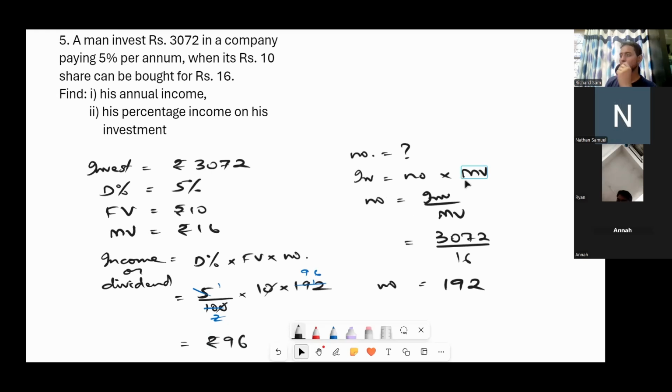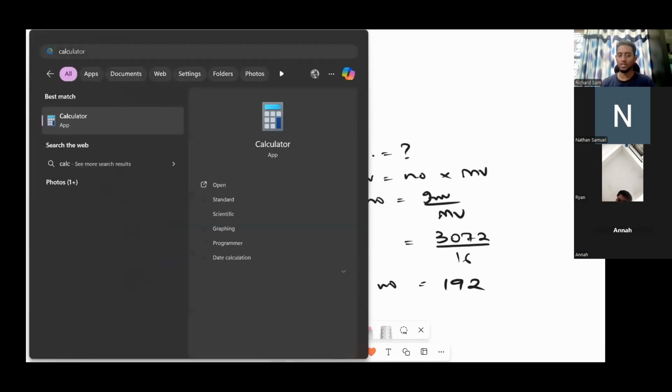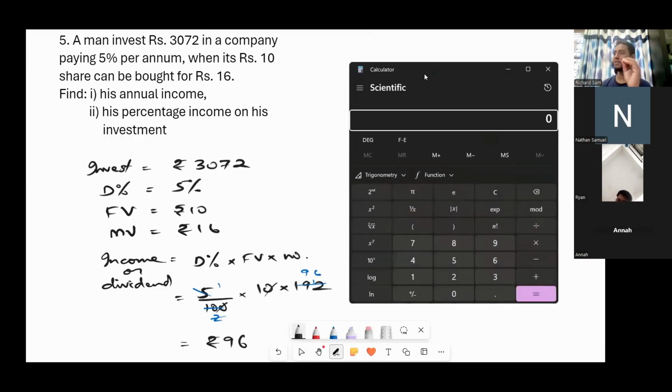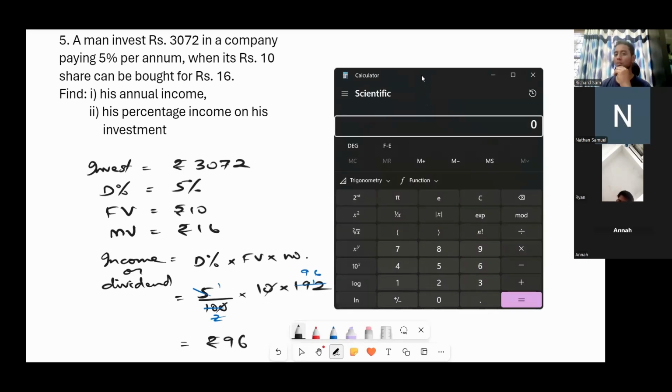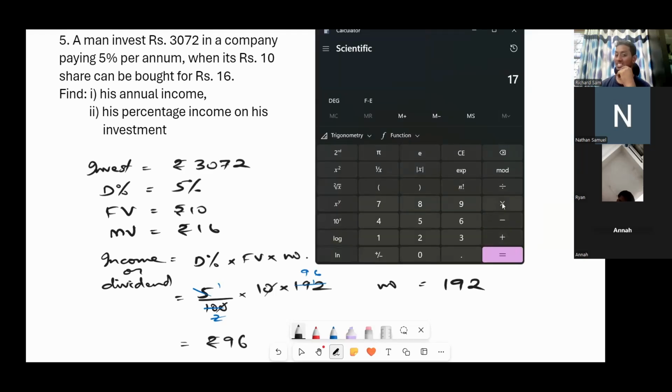So what was better for him to do is to sell off the shares. Suppose the market value went up, instead of 16, say it became 17 rupees. So how much will he get now if he sells all these shares? We're changing the question. If the market value became 17 rupees, how much is one share? 17 rupees. And how many shares is he selling?